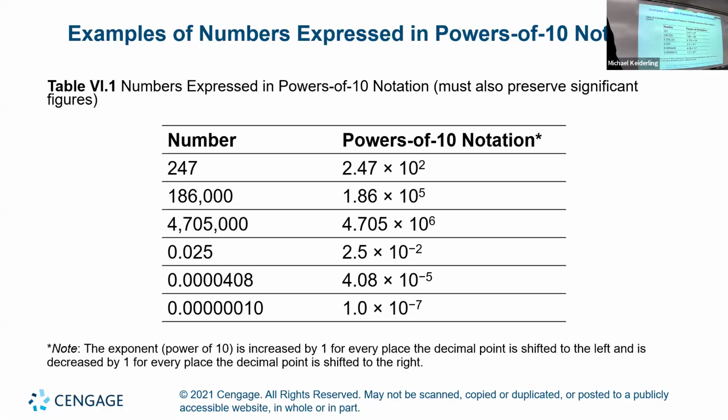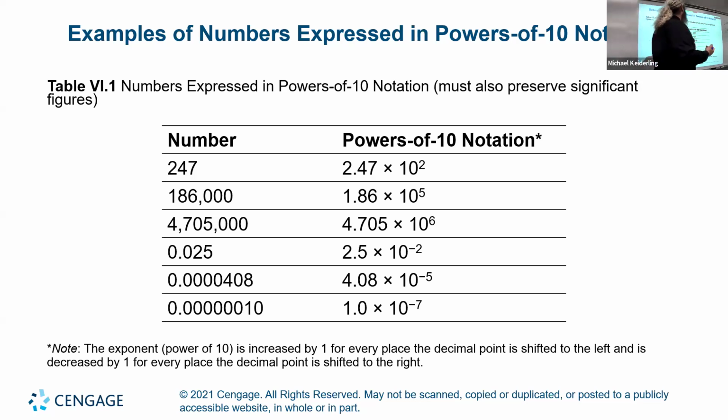So here are some examples. If we want to express 247 in scientific notation, what you're going to do is move the decimal point until it is after the first non-zero digit. So here the decimal point starts here, and we're going to go 1, 2 places to the left.